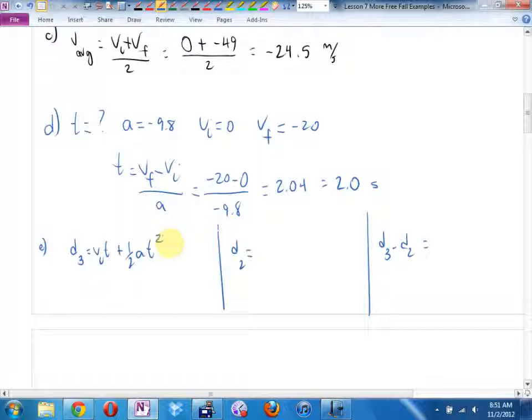I know if I list my data, I'm going to have to go on to the next page. Any of these 0? Yeah. And it's going to be the same equation over here. It's going to be a half AT squared. You'll notice I got lazy here, and I didn't even write the VIT.